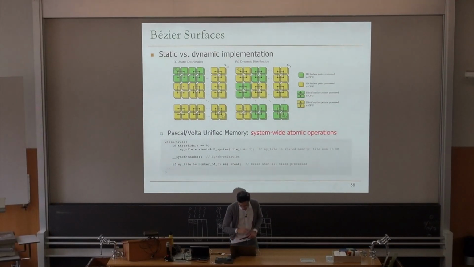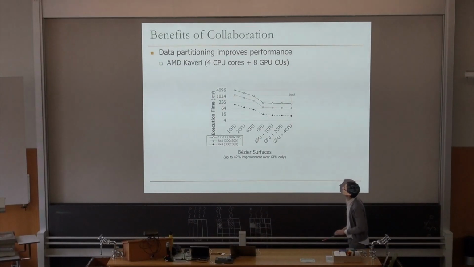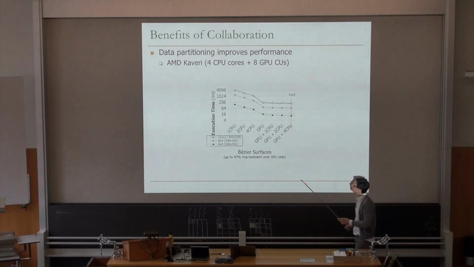You saw previously some results for a mobile Nvidia system where we use the CPU and GPU in a traditional manner. We can also do the same using the new features. This is for AMD Kaveri, where it's not an NVIDIA system, but we can program it in a very similar way using OpenCL.